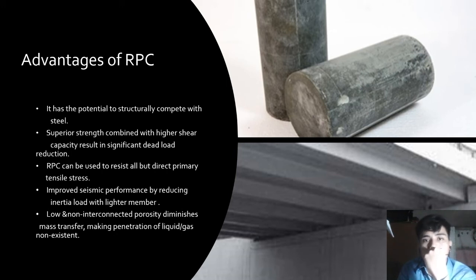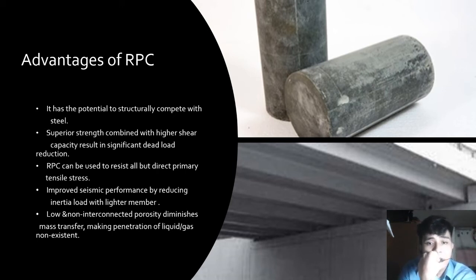Without the usage of reinforcement bars, it is already comparable to the strength of reinforced concrete because of the presence of steel fibers in the mixture or in the components.